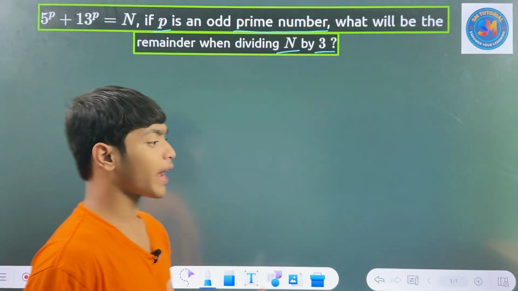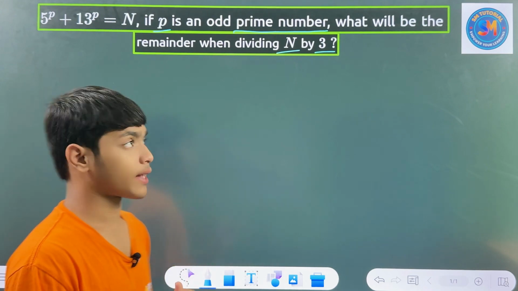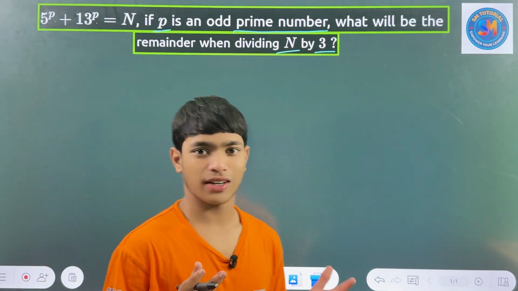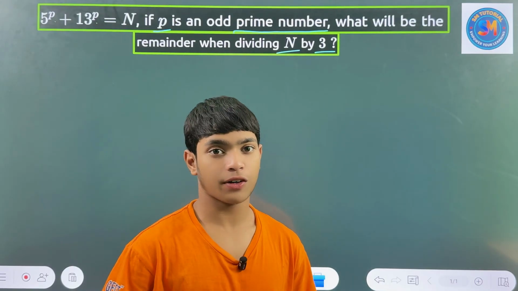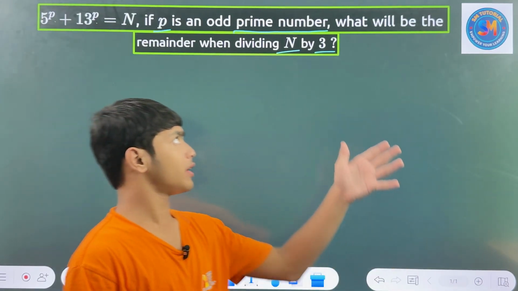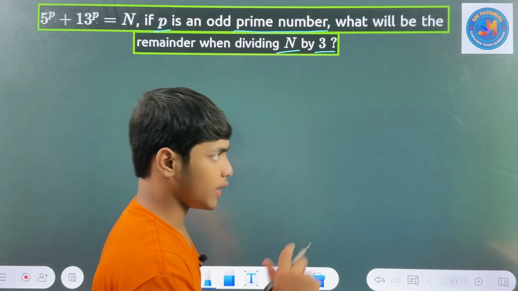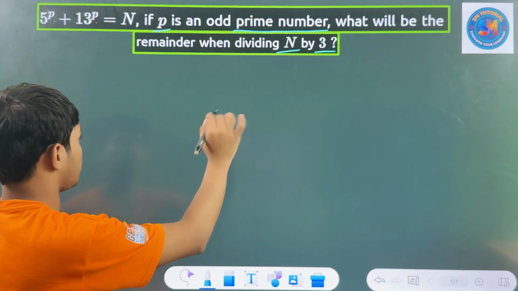But you can take different values of p. So let's take 3, okay, as the power p.